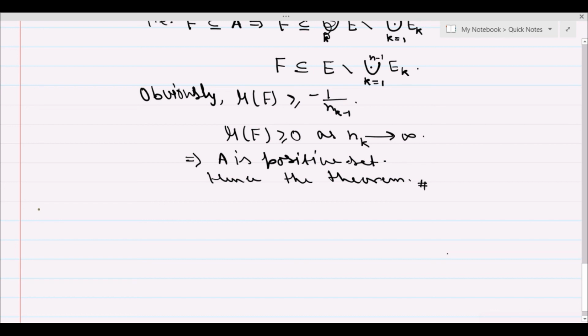And now we write down the statement of existence theorem for negative set.